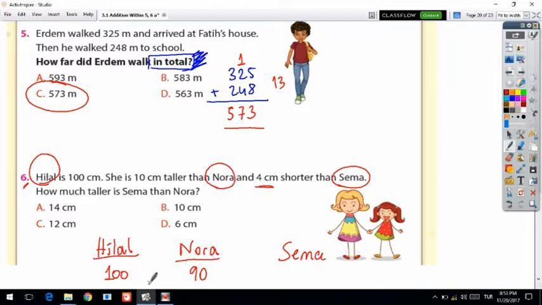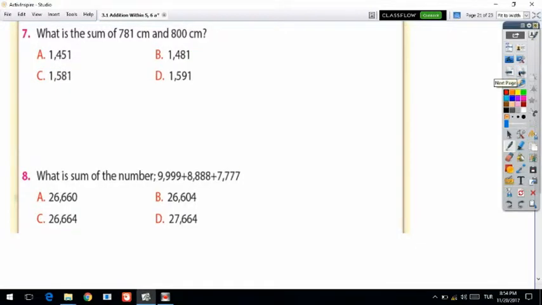How many centimeters is Sema? Taller shows you more than, reminds you of addition. 100 plus 4 is equal to 104. Easy, right? If you listen to me from here, word problems could be easier than the others. Okay, now let's continue.